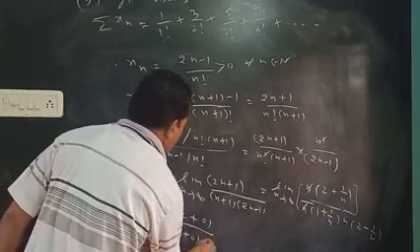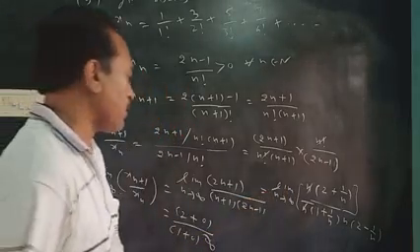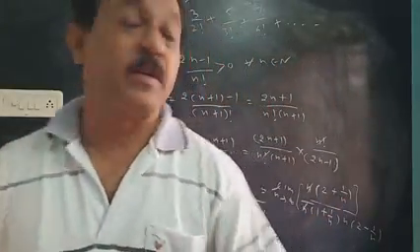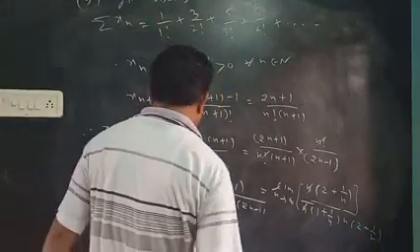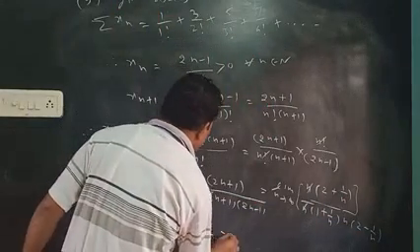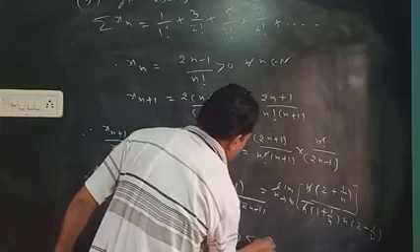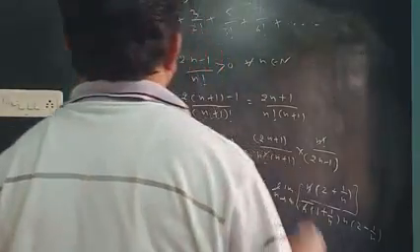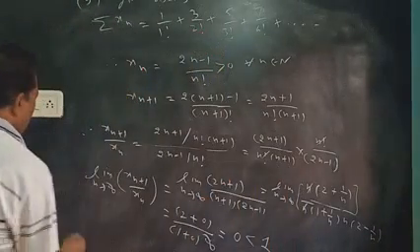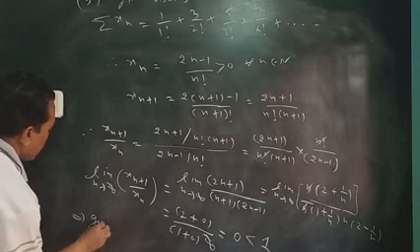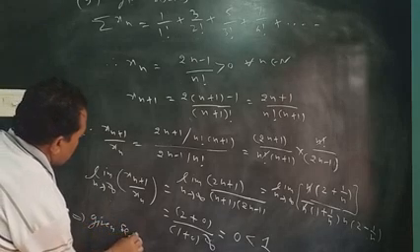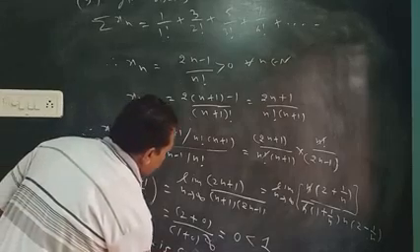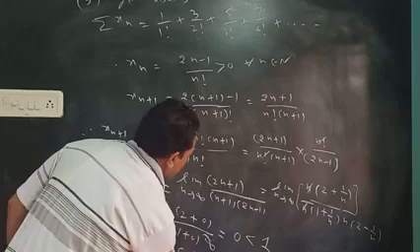But one n is extra here, so 1 by infinity is 0. 0 is less than 1, so the series is convergent. So the given series is convergent by the ratio test.